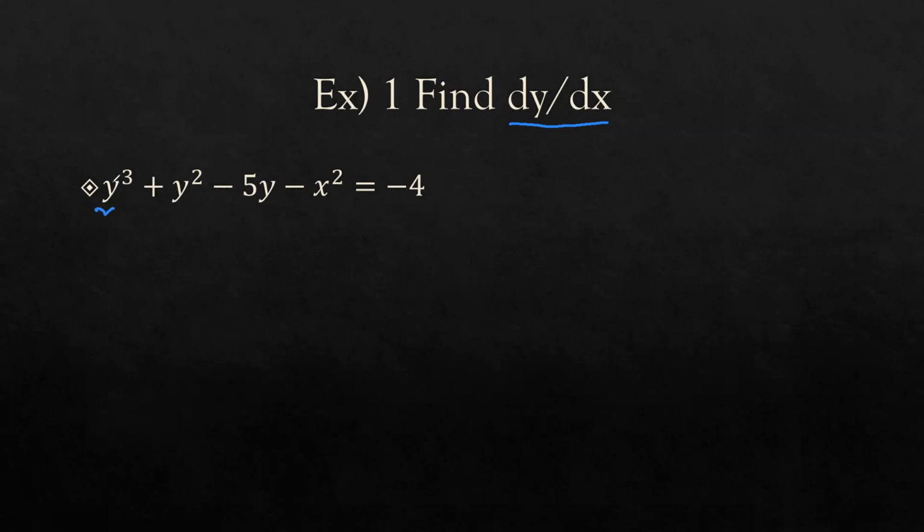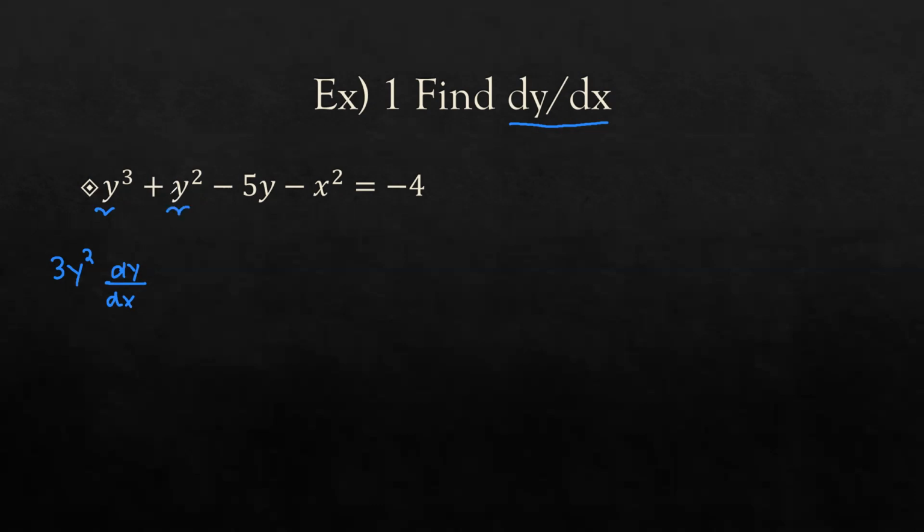Well, the derivative of y cubed is 3y squared, but because you have to take it in respect to x, since this is a y, it's going to be dy on the top, and then on the bottom it's dx. Okay, so you just have to add this extra dy dx. That's kind of the main difference.